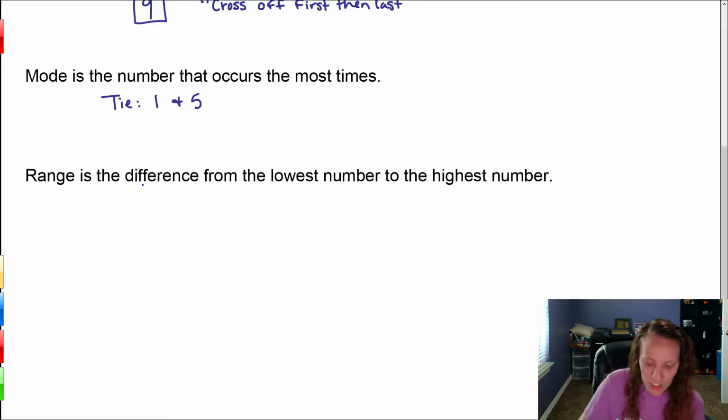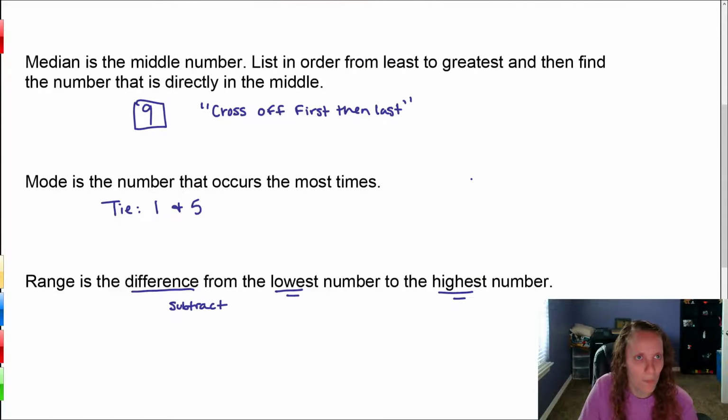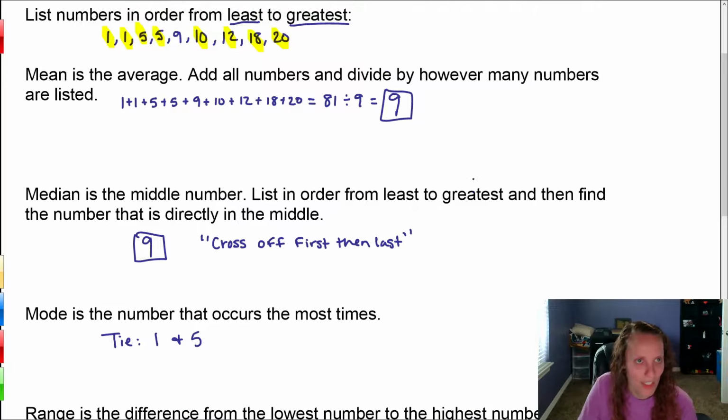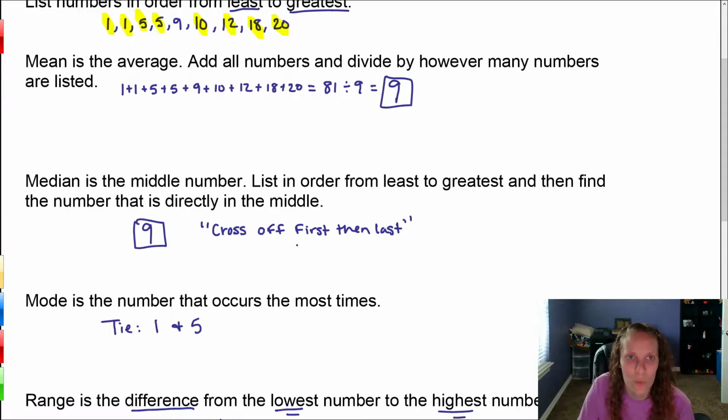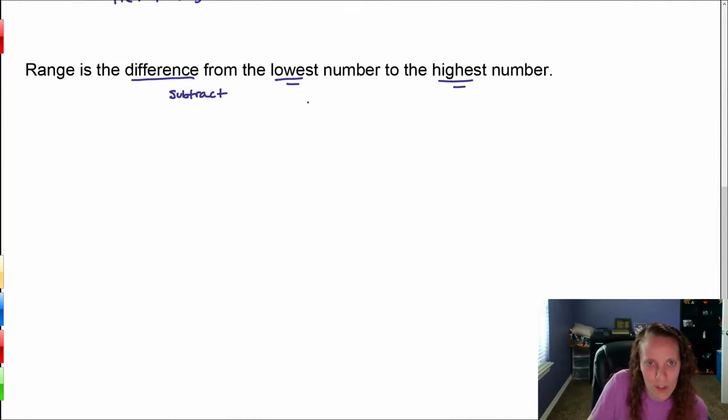Lastly, the range is the difference, meaning to subtract, the difference from the lowest number to the highest number. Well, it's a good thing we've already listed our numbers in order from least to greatest. Our lowest number is the 1, and our highest number is the 20.